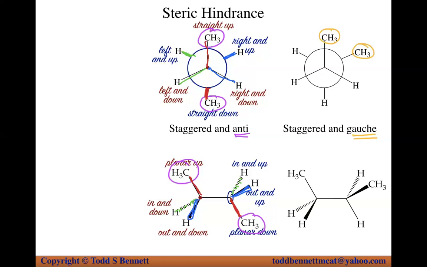So the structure, same thing as before. We have front carbon with the back H, the out H, and the planar CH3. Same thing, the planar CH3, CH, and this. But now what's different is the CH3 is now on the right because it's coming out.